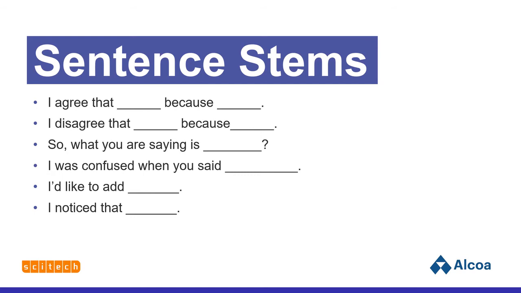Now we can use these sentence stems simply by introducing them to the students and asking them to use them. That's the most basic intervention, but we can build on that and make that more powerful in many ways.